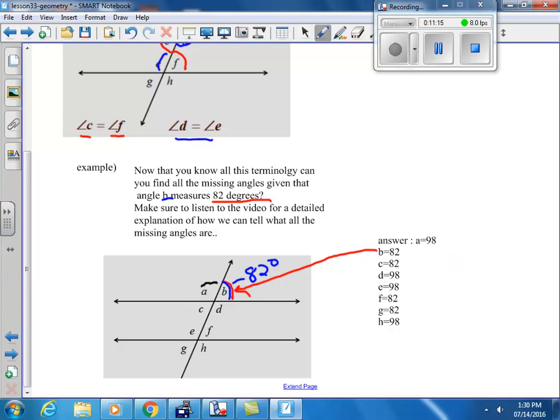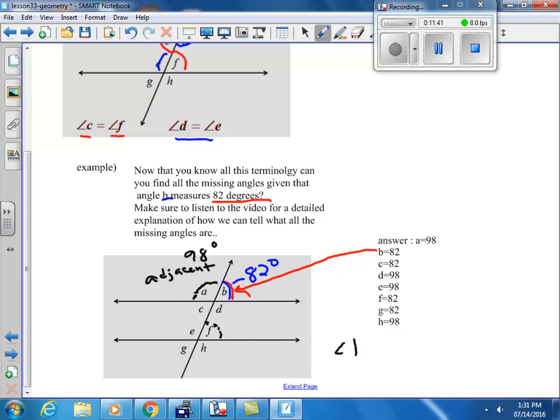Here's an angle A, adjacent, just kind of think about this logically, to 82 degrees, so it's got to be 98, right? Because 98 and 82 will bring us to 180. Let's map what else we know. We know angle B and angle F are corresponding.